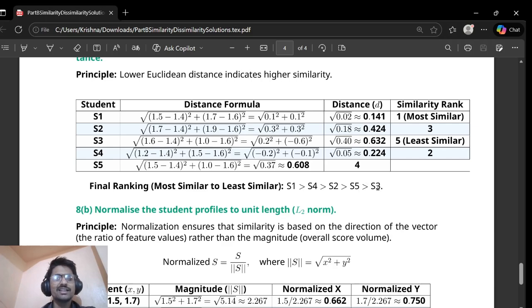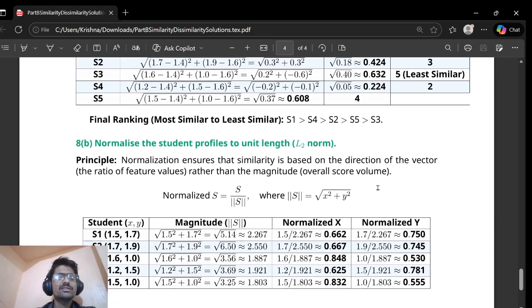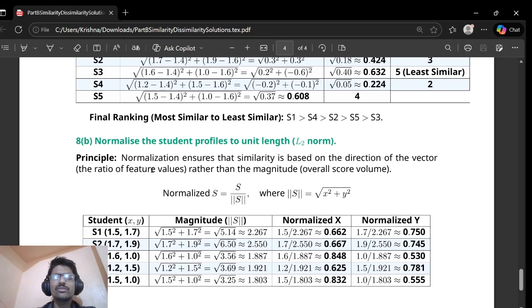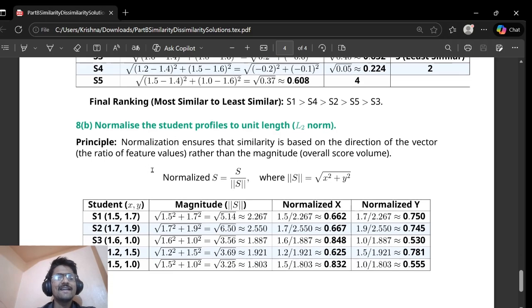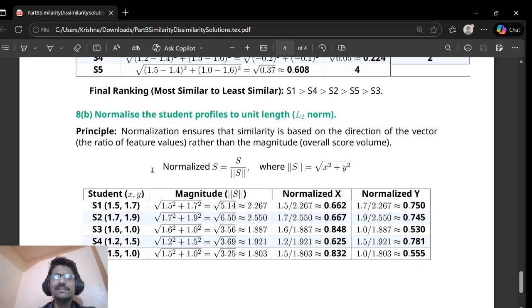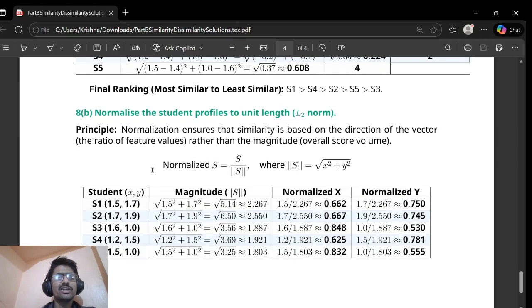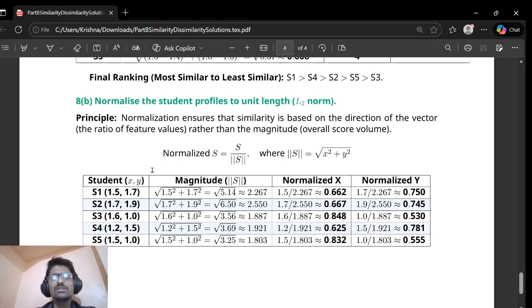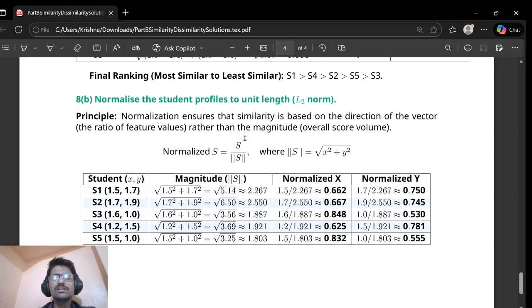So part B: normalize the student profiles to unit length, the L2 norm principle. Normalization ensures that similarity is based on the direction of the vector, the ratio of feature values, rather than the magnitude, the overall score volume. So normalized S is equal to S divided by the magnitude of S, where the magnitude of S is the square root of x square plus y square.